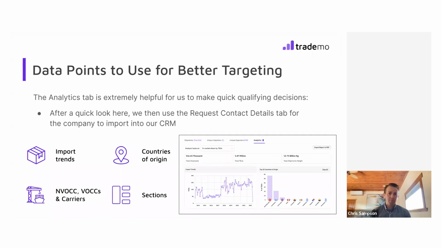And then lastly, I think what is really important is the competitive landscape. Once you work with some customers and start to convert them over, they switch over from who they were previously using, then we can target other customers that are using those same carriers to try to provide a better service, maybe a better product experience. It just depends on what those pain points are that we're solving. And Trademo allows you to do that seamlessly. Next slide.